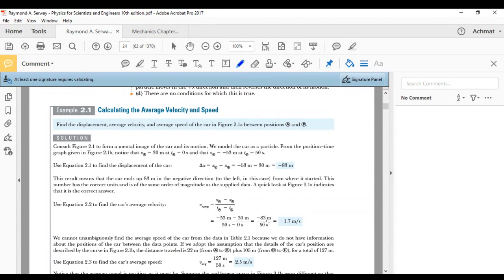So if I divide those two, let's see, I'm going to use my calculator and see what the answer is. Minus 83 divided by 50. And the answer according to that is actually minus 1.66. That is what the calculator would give, meters per second.